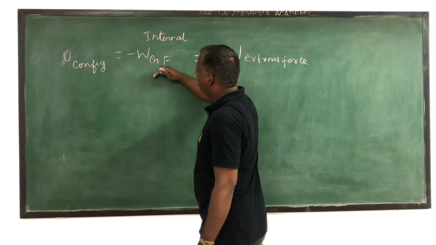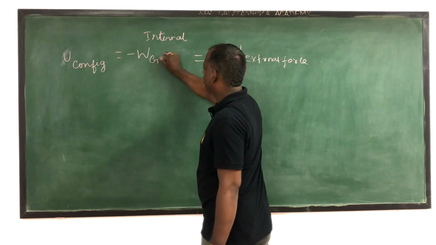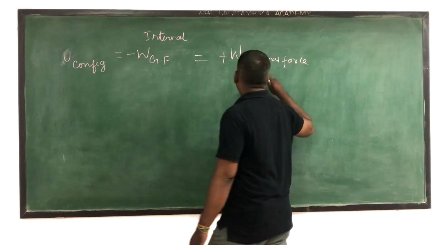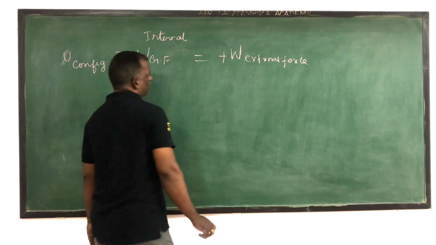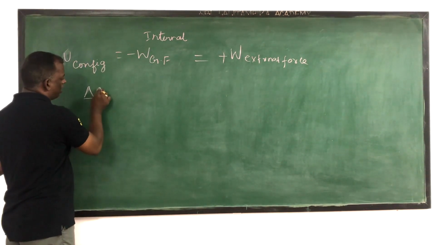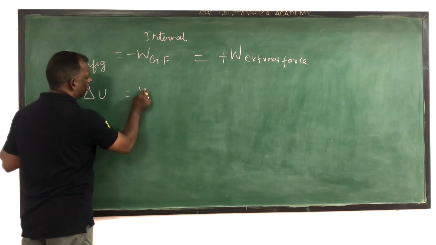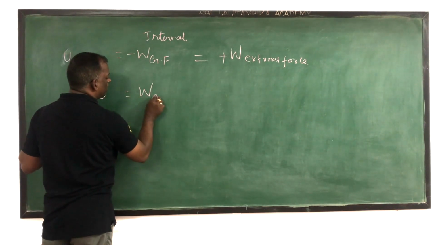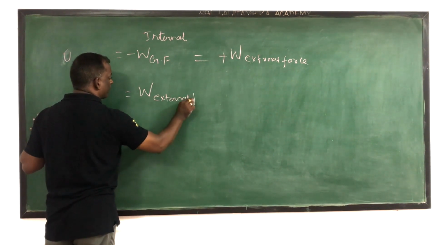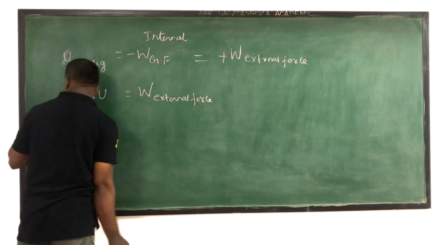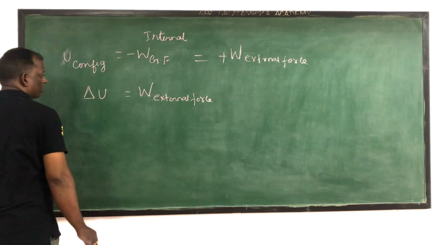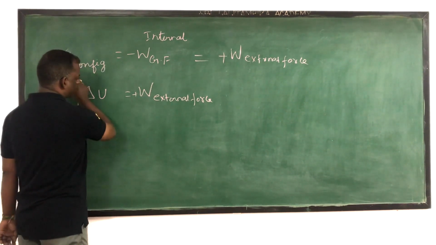So U configuration is nothing but delta U. Delta U is equal to plus W external force.